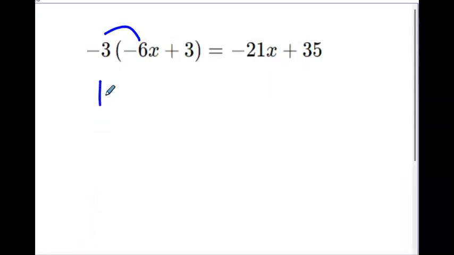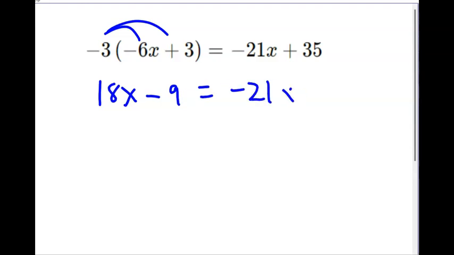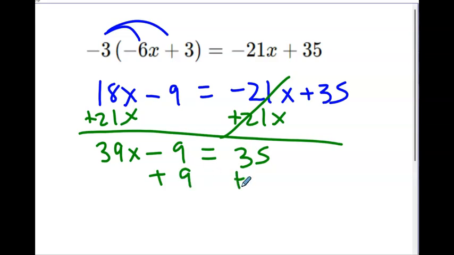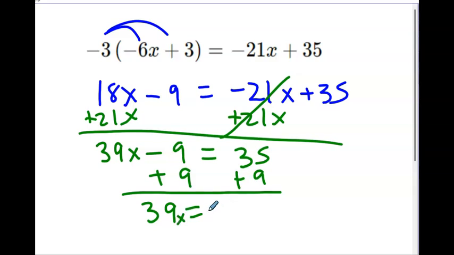So when I multiplied and got 18x and positive 9 and negative 21x plus 35, I then have to solve for x. So I'm going to add 21x's to both sides. And that's going to give me 39x on the left. And then subtract 9 from both sides. And that's going to give me 39x equals 26.